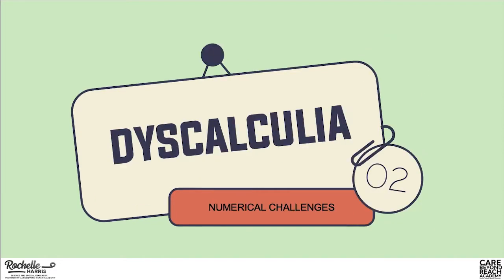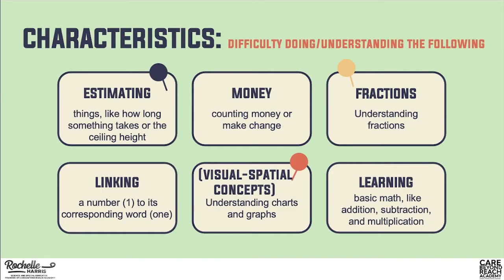We are going to show how we can use the 5 E's with a lesson that will help students with dyscalculia. We will also be looking at some of the characteristics of dyscalculia. Now, what are some things they have difficulty with?